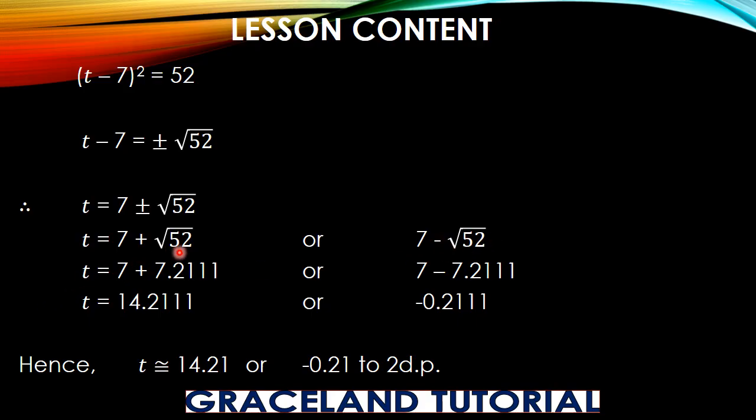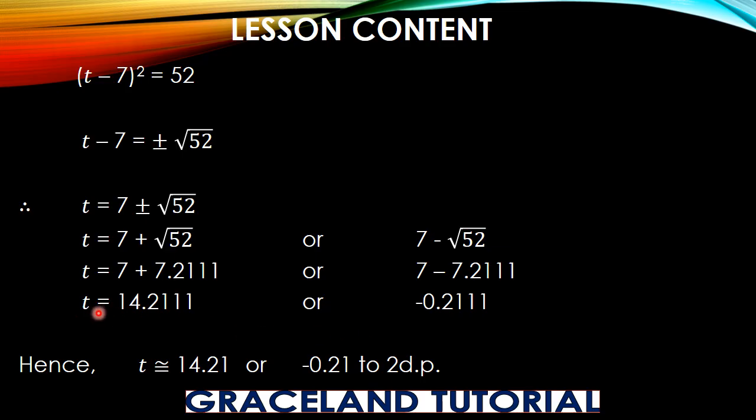Now, what is the root of 52? That is 7.2111. So t is equal to 7 plus 7.2111, or 7 minus 7.2111.